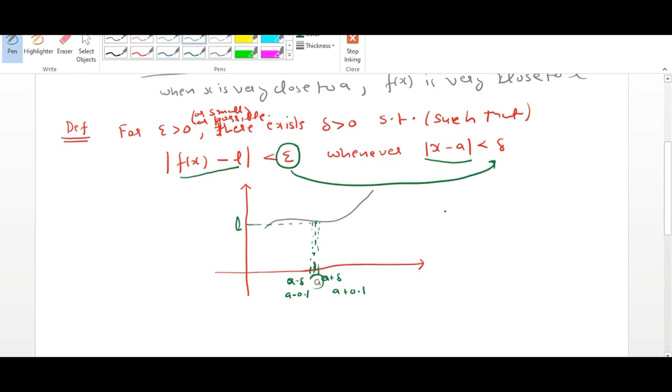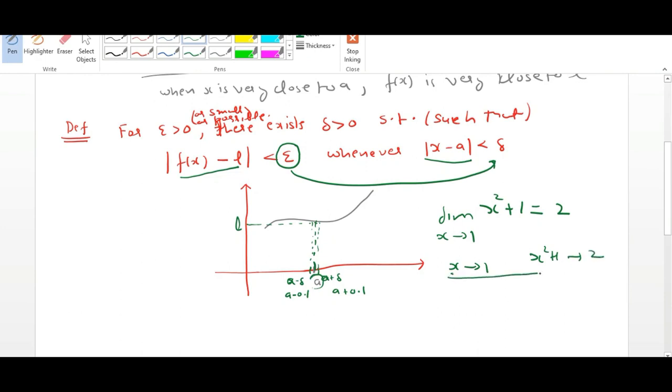So suppose limit x approaches 1, x square plus 1 is equal to 2. It means that when x approaches 1, x square plus 1 approaches 2.